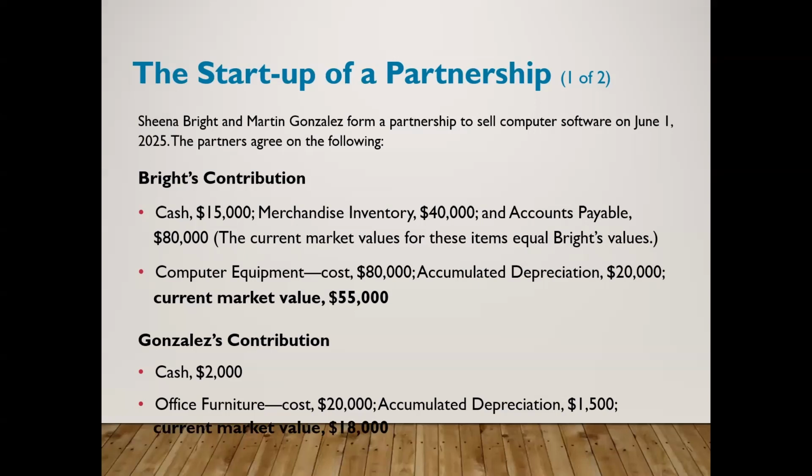Computer equipment costs $80,000, accumulated depreciation, $20,000, market value, $55,000. Gonzalez is contributing $2,000 in cash. Office furniture costs $20,000, accumulated depreciation, $1,500. The current market value for Gonzalez's contribution is $18,000.